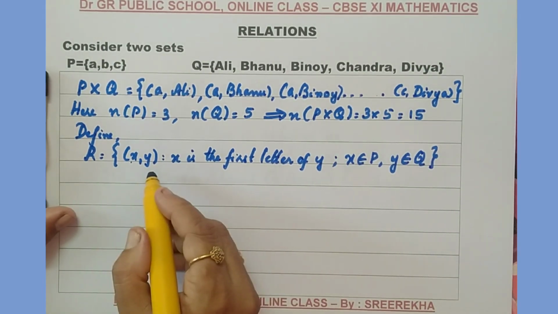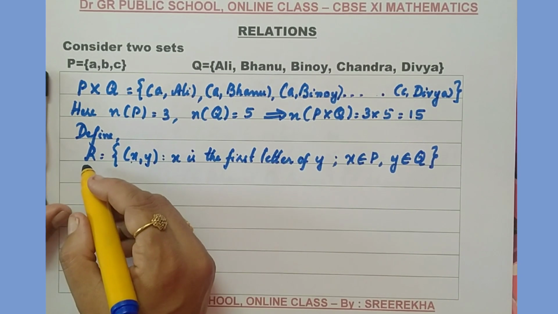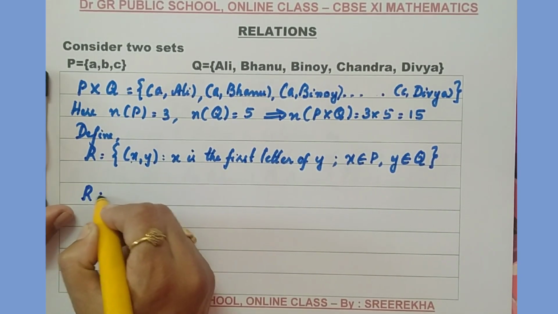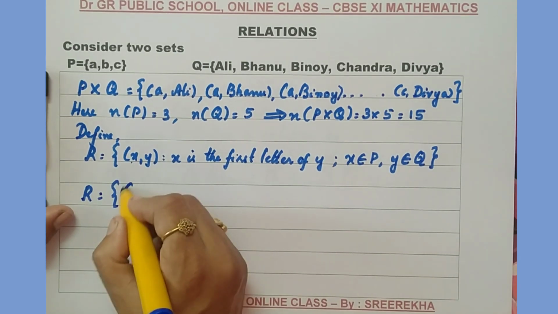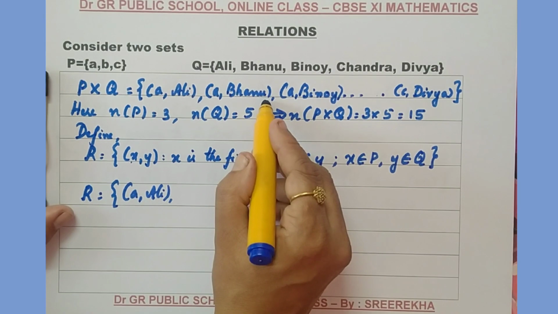Which are the elements in P cross Q which satisfy this relation? R consists of the ordered pairs A Ali; A Bhanu you can't take. Why?